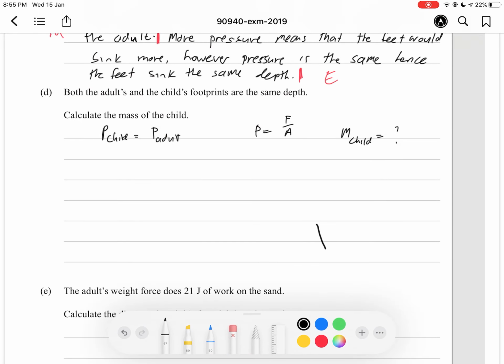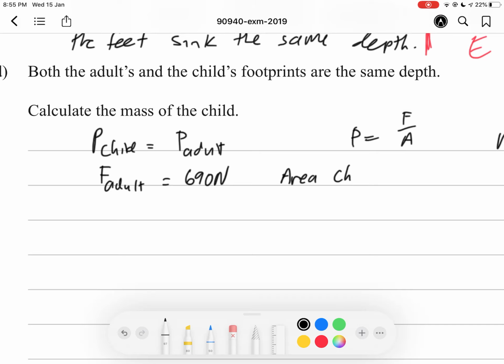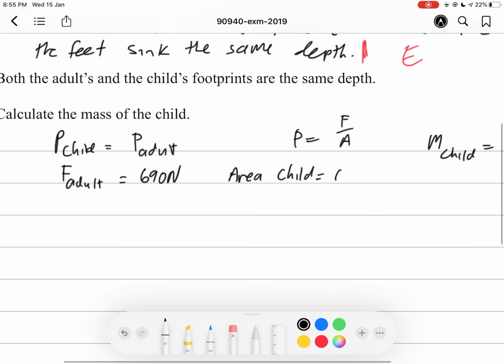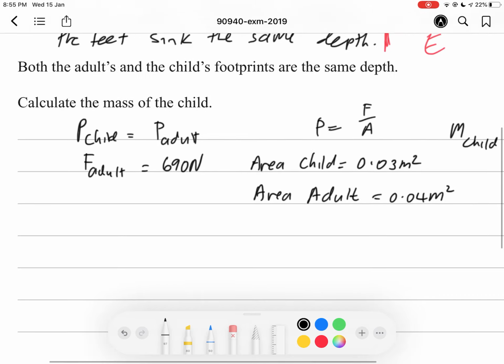So we note down our variables. The force of the adult is equal to 690 newtons. The area of the child is equal to 0.03 meters squared, and the area of the adult is equal to 0.04 meters squared.